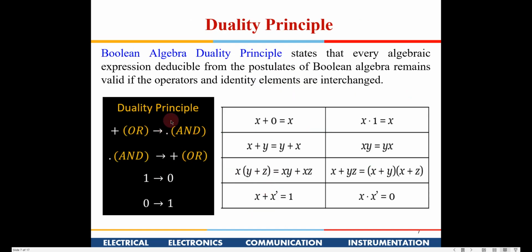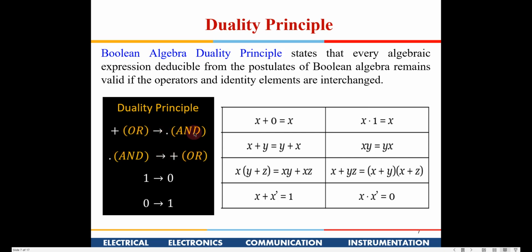Now there is something known as the duality principle. The duality principle says, suppose you have a Boolean expression. Each one of the entries on the left hand side table is a Boolean expression. In a Boolean expression, you can change AND to OR and OR to AND.